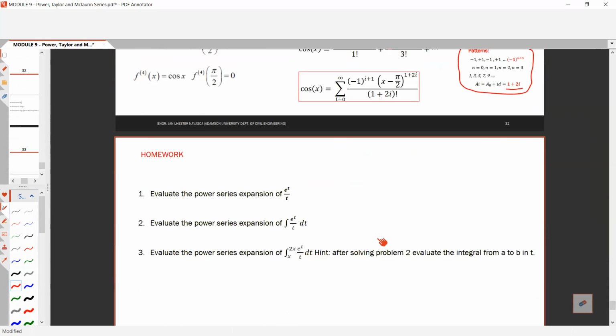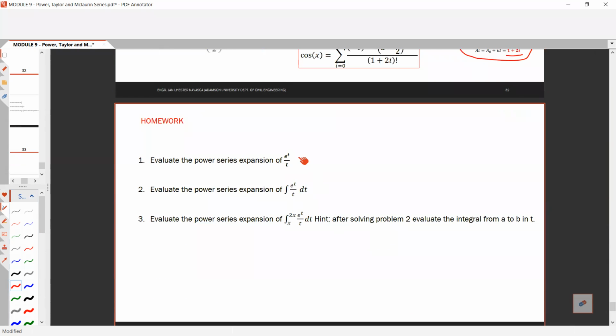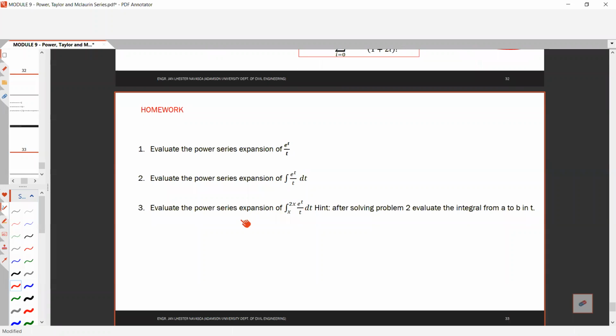Okay, so for your homework, class, evaluate the power series expansion of e raised to t over t. Number 2, evaluate the integral of e raised to t over t dt. And number 3, evaluate the power series expansion of the integral of e raised to t over t dt evaluated at x to 2x.